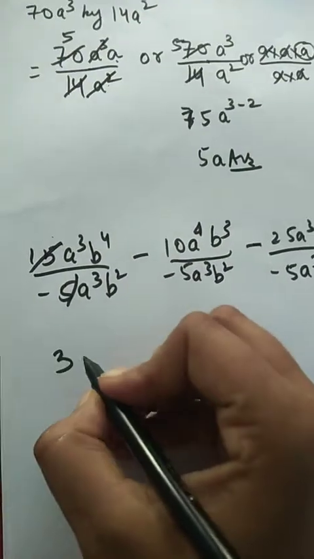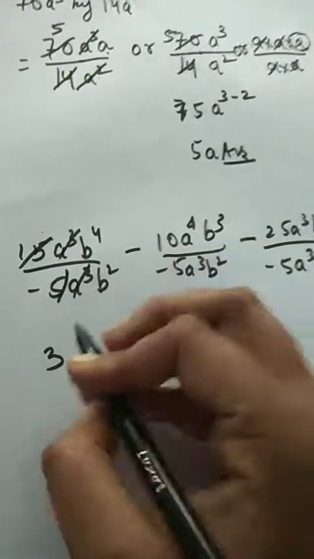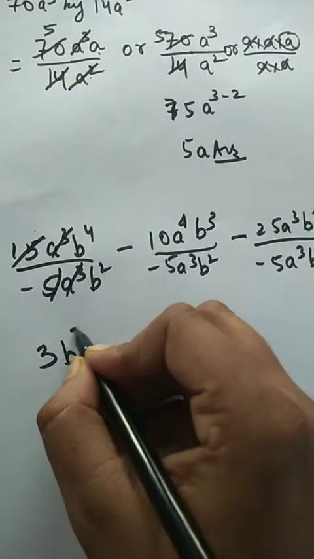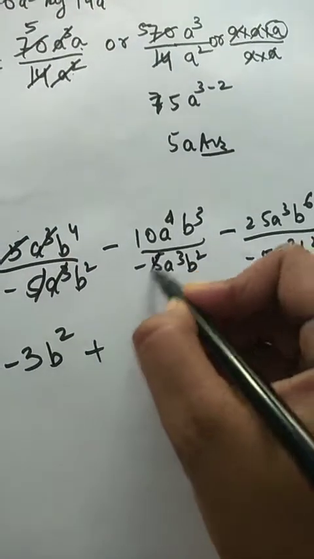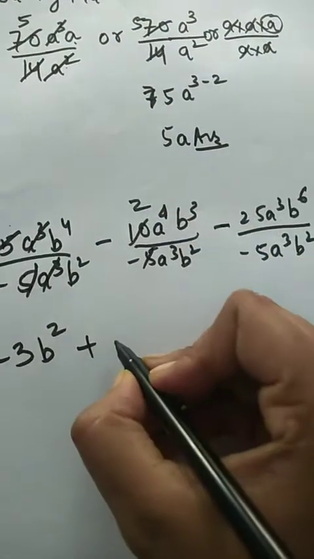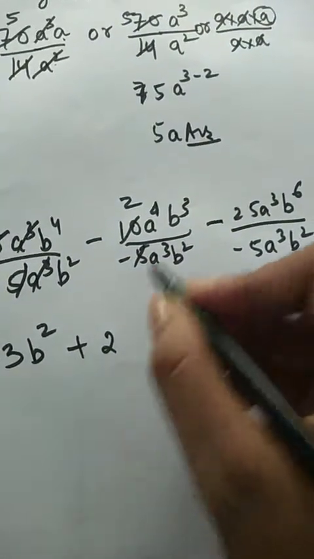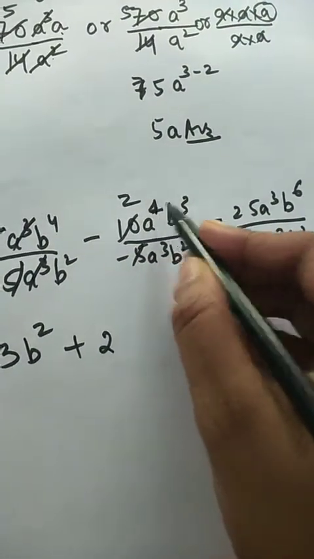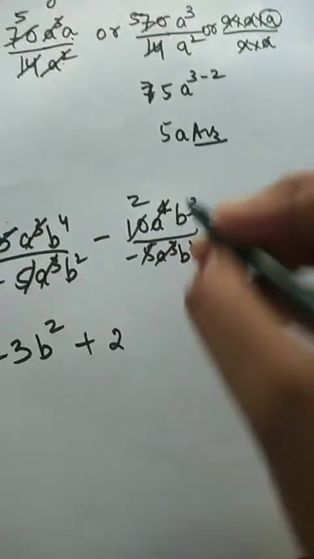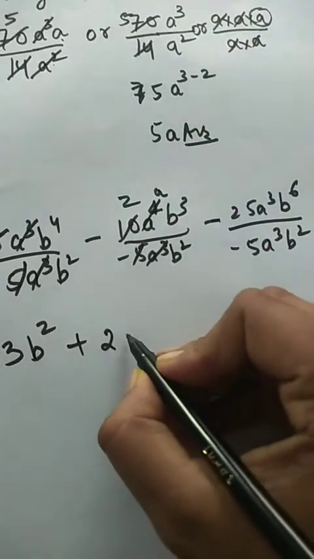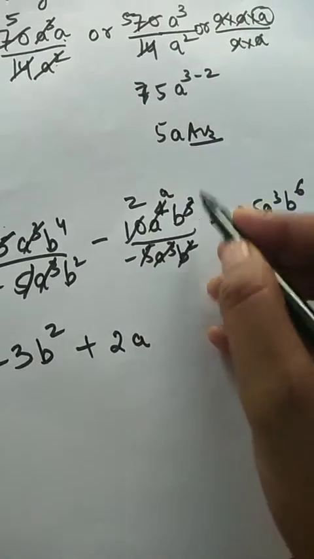It will be 3, a cube will be cancelled. Here you can see it is b power 2 and b power 4, so b power 2 will be left in the numerator part. Then this will be plus, 5 ones are 5, 5 2s are 10, so we will get 2, and minus minus will be plus, and here it is a power 4 here and a cube here, so it will be cancelled and we'll get a here and b here.